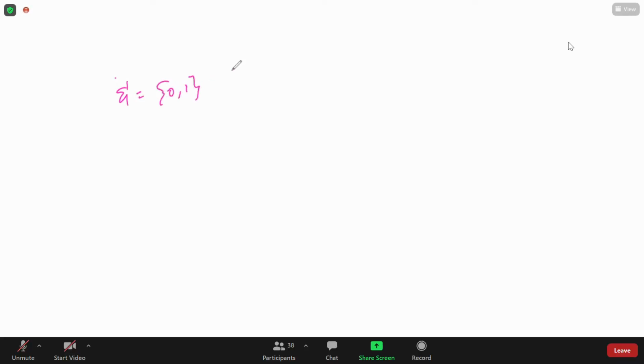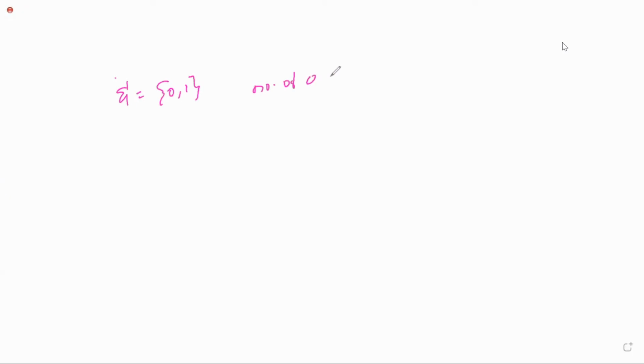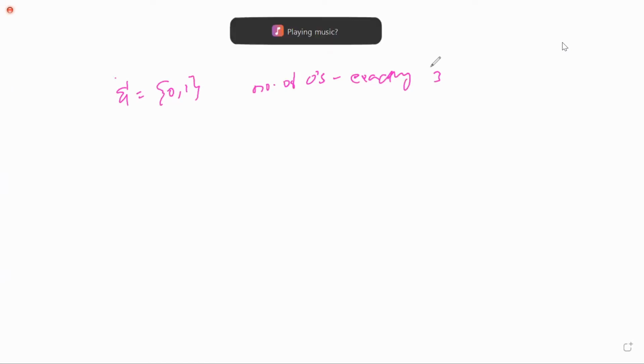What it is saying? Number of zeros is exactly 3. How many zeros must the string have? 3 zeros. It must have only 3 zeros. Exactly 3 zeros means first how will you draw the DFA?